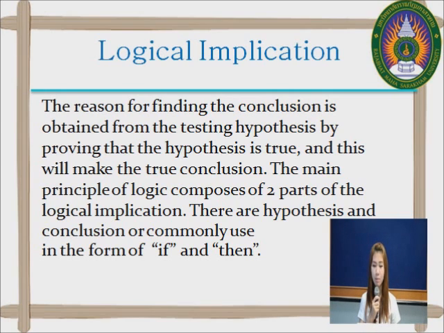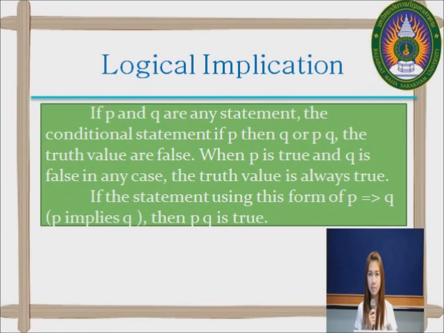Its main principle of logic is composed of two parts. The logical implication has a hypothesis and a conclusion, commonly used in the form of if and then. The truth values of a compound conditional statement.